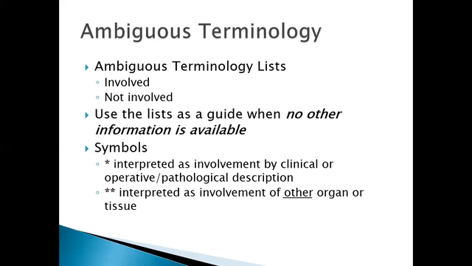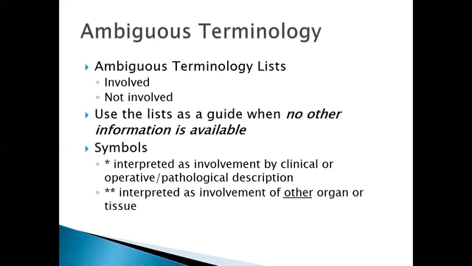After the ambiguous terminology list on page 29, there is a table that indicates the summary stage site-specific chapter, and then it lists its corresponding EOD schema. EOD is also a staging system, and we're not going to learn that in class.